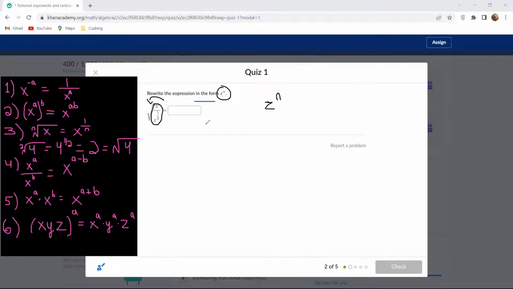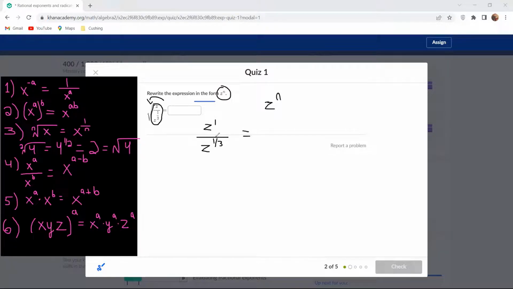So let's first focus on z divided by z to the 1/3. There's a couple ways to think of this. I'm going to use rule number 4, the rule for division. When you have two things being divided by each other, notice the base is the same. These are both z. And the one up top, you can think of it as being raised to the first power because it's z by itself.